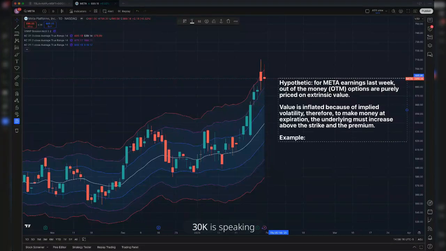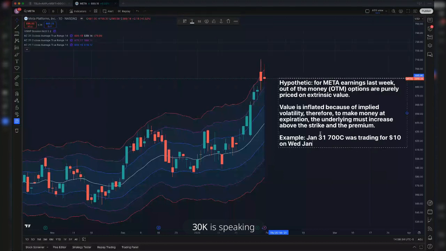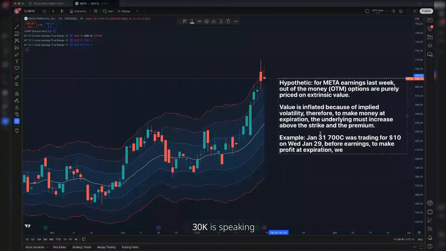So example, the Jan 31 700C was trading for $10 on, what day was earnings? Wednesday? To make profit at expiration, we would need Meta to trade 710 or higher.